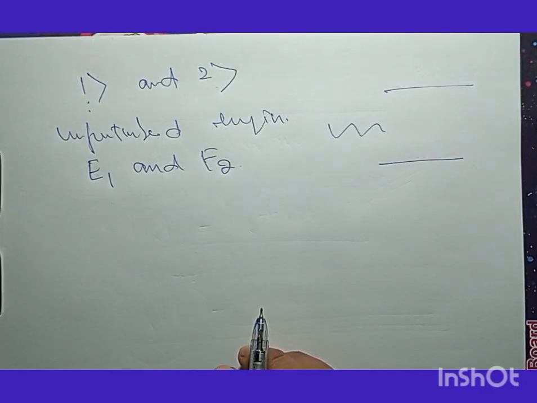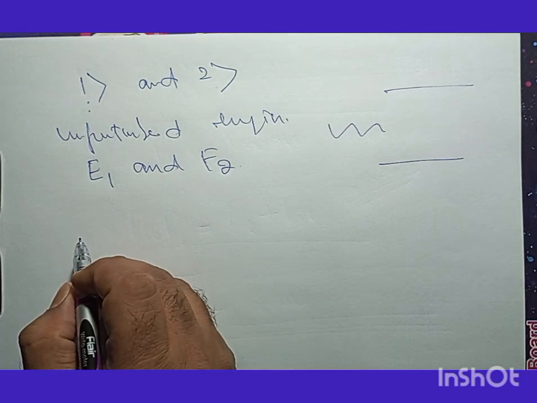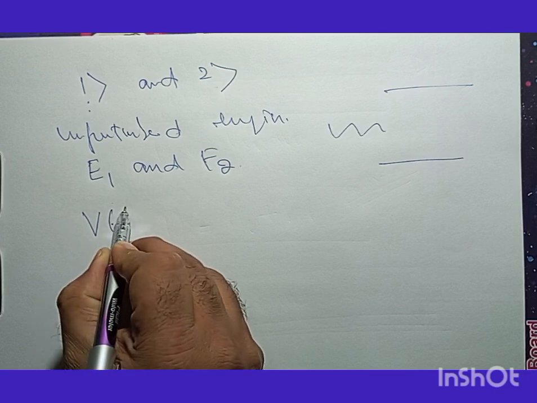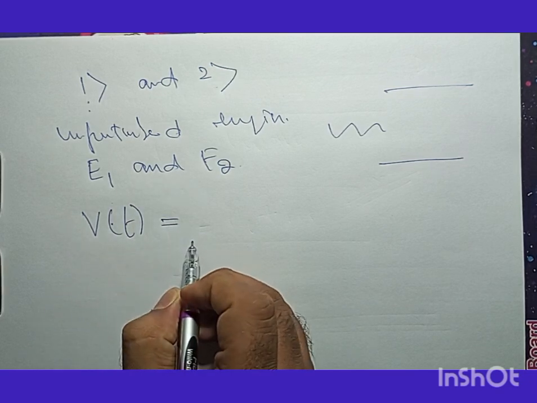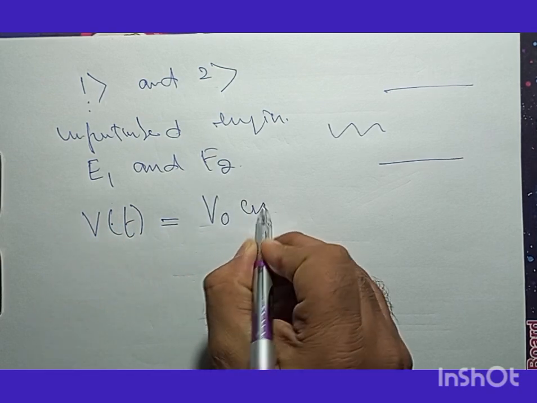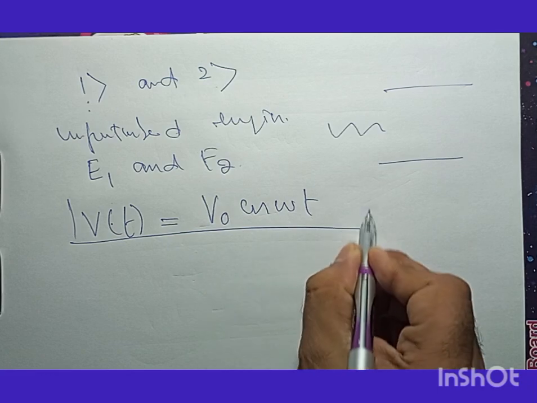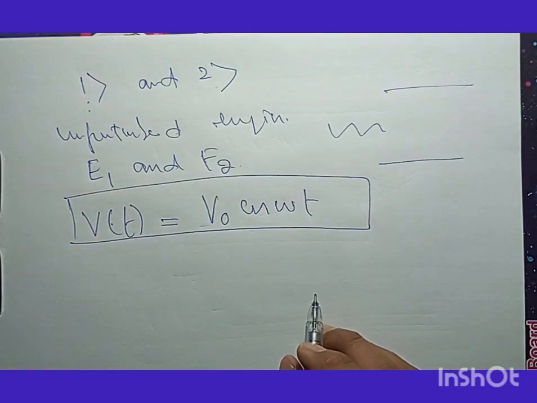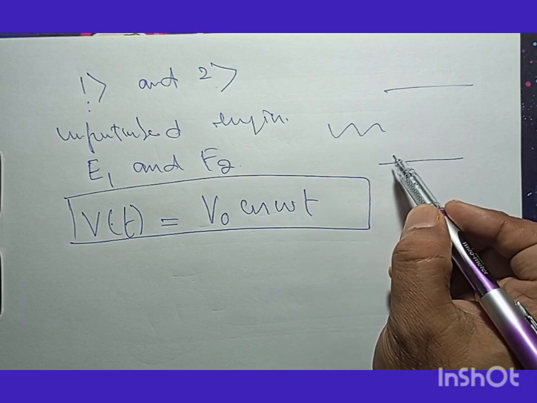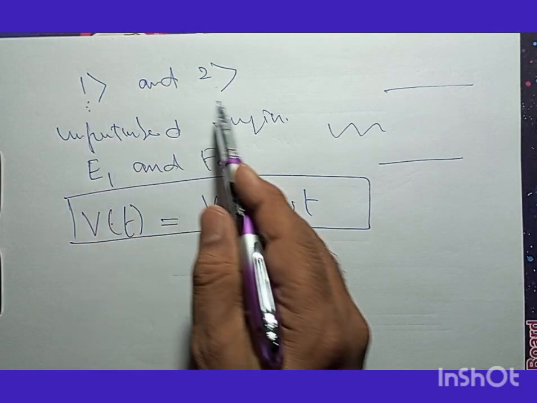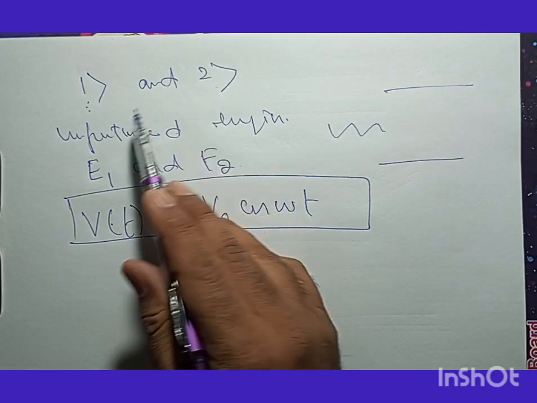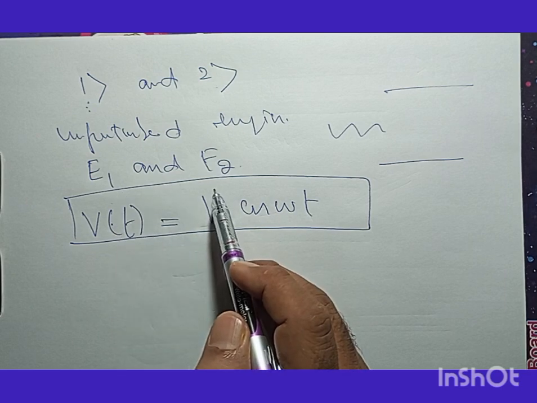Now, we have a time-dependent parameter here. Because I'm choosing my problem as sinusoidal in nature, I assume V of t is V naught cos omega t. This is the perturbation that we are applying to this two-level system with state 1 and state 2, and the energies associated with them are E1 and E2.